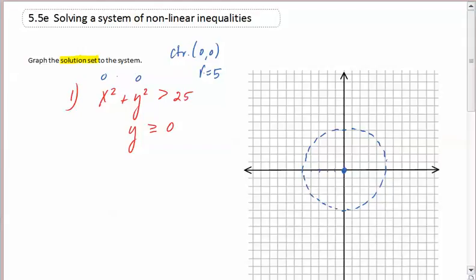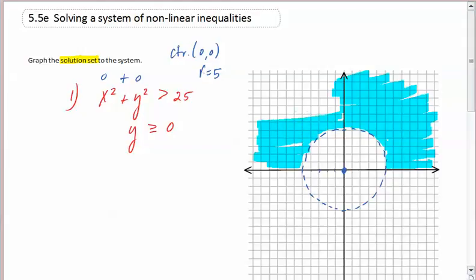Now I am doing the test point check. I'm putting in a 0 for each of those. So is 0 greater than 25? It's certainly not. So that means that 0, 0 is not in the solution set. So I'm going to color outside, which is where the true side is. Okay, now the boundary of the circle is not part of the solution either.